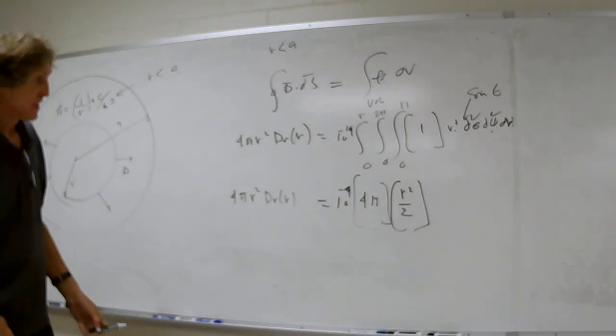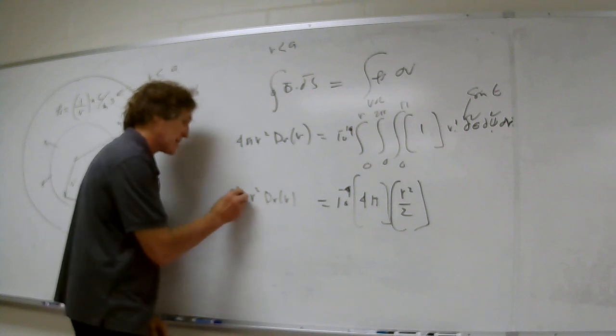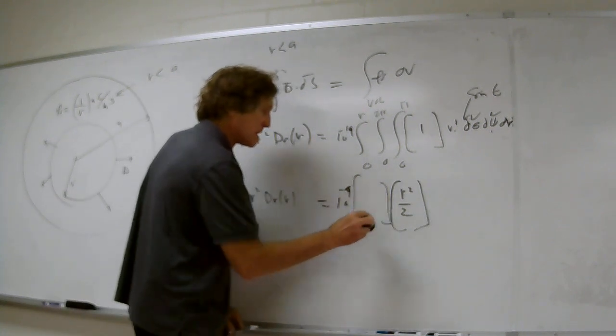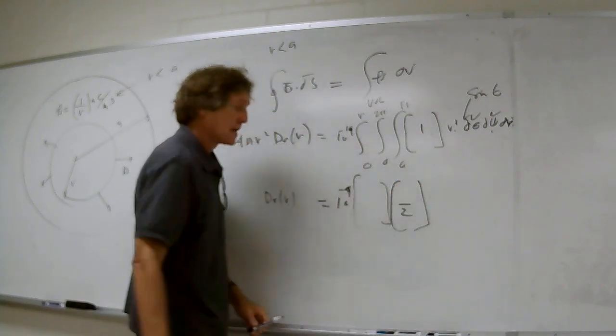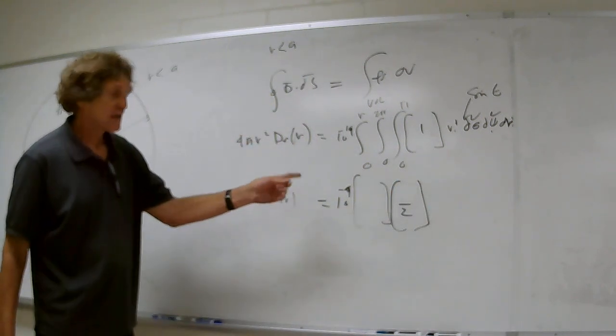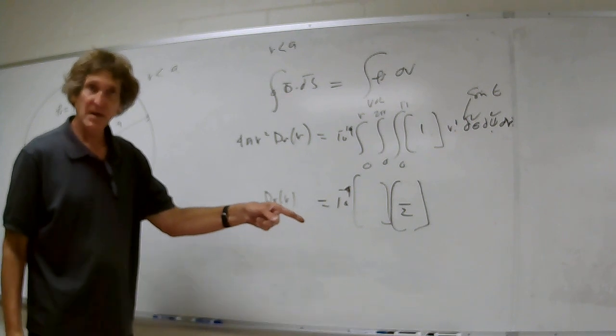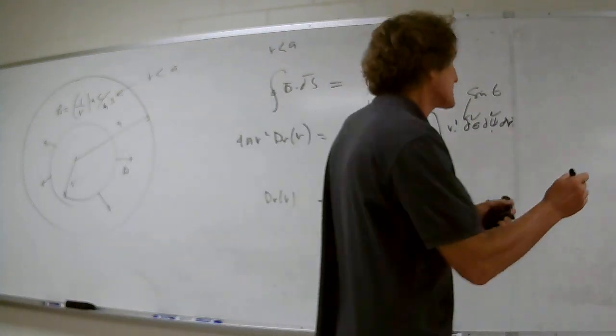If you look at this, one of the things you notice, the 4 pi goes away. Next thing you notice, the r squared goes away. It's constant. It's just 10 to the minus 9th over 2, the D field, anywhere between 0 and a because of that charge density.